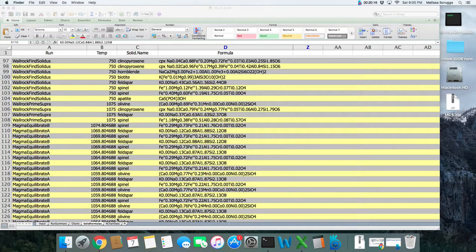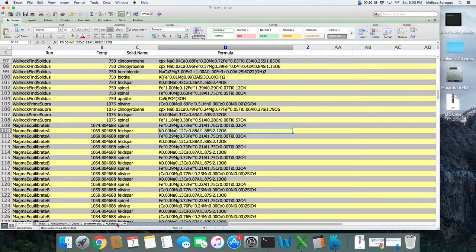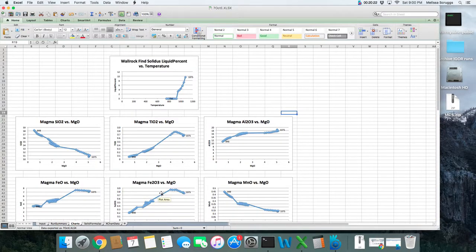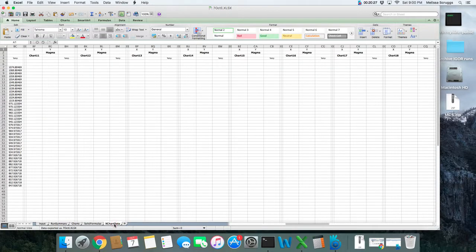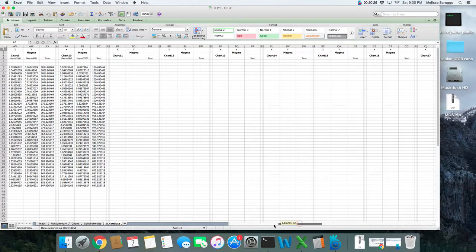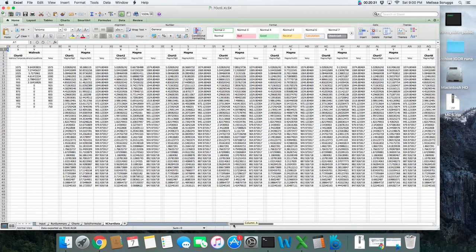The final tab in our output file is chart data. So say you didn't exactly like the way that these charts looked because they look like Excel plots, which of course they are. In the chart data tab, we have all of the data populated already for you so that you can easily make your own graphs.